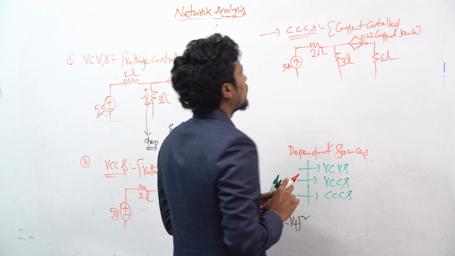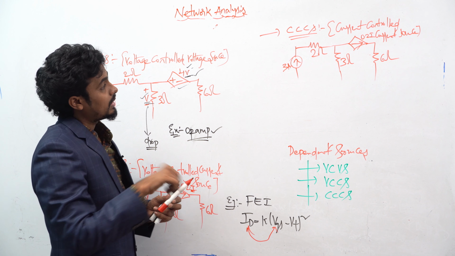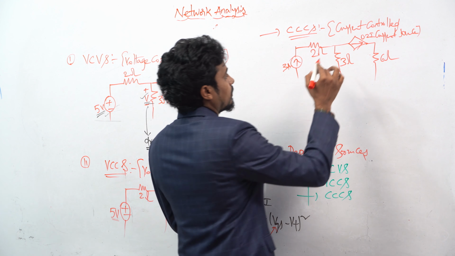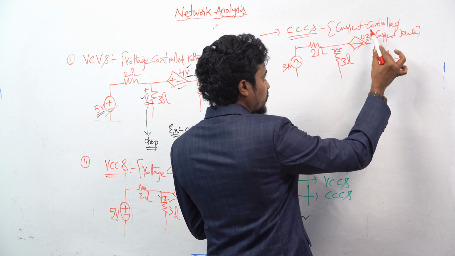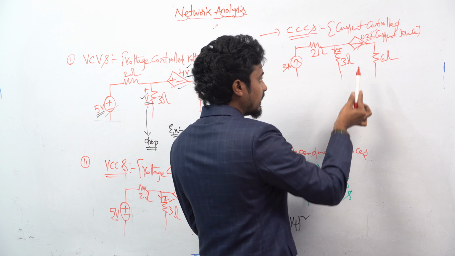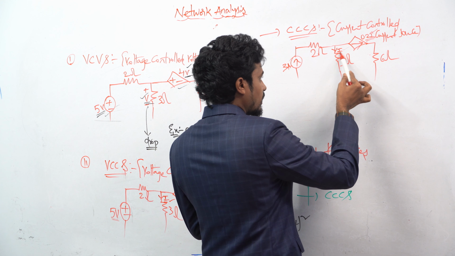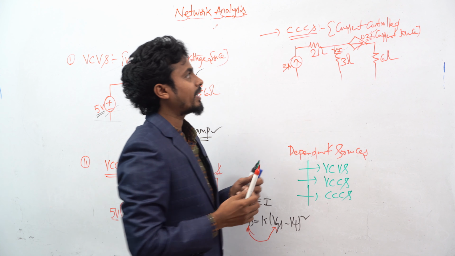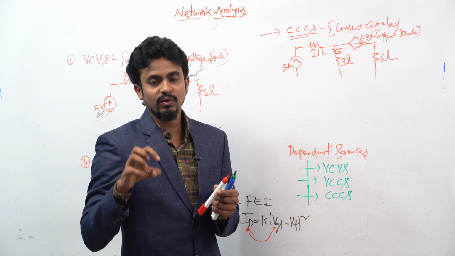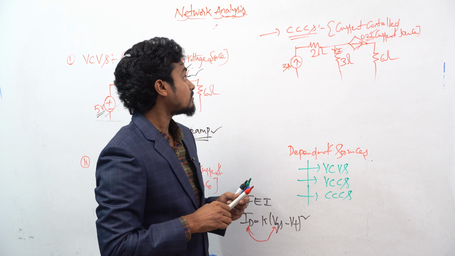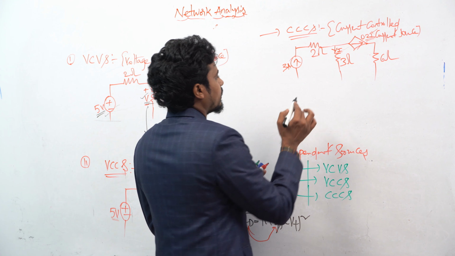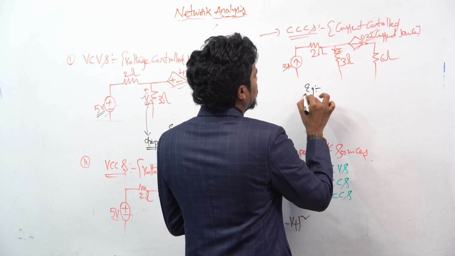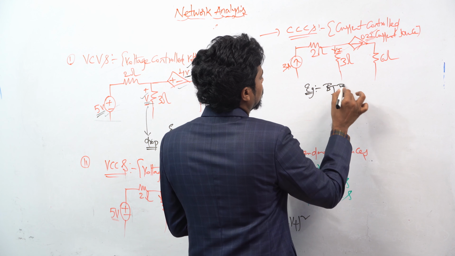Here you can see in this dependent source 0.2i, that means i is present in the circuit, and from there we get our current, right? The best example for this current controlled current source is the BJT.